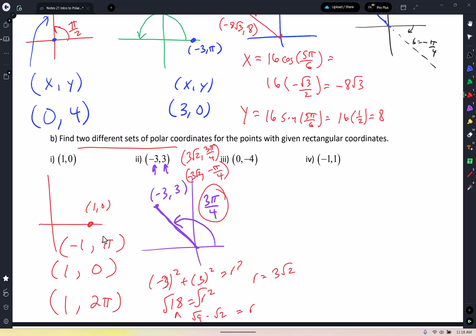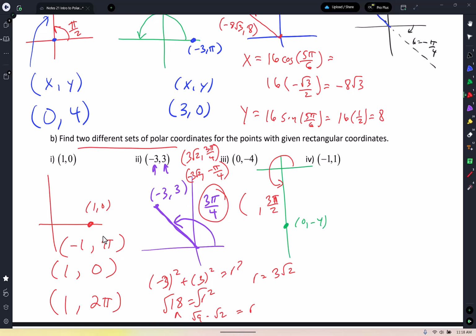Yay or nay? I'm going to put this one in different colors. 0, negative 4 is down here. Okay, give it to me in polar. What is this angle? Yeah, 3 pi over 2.